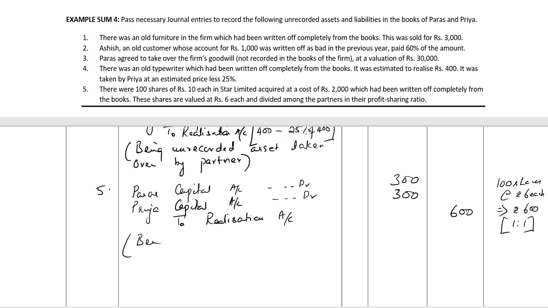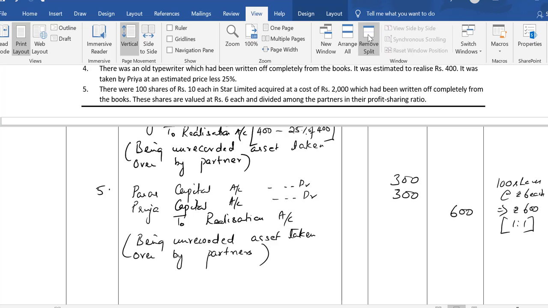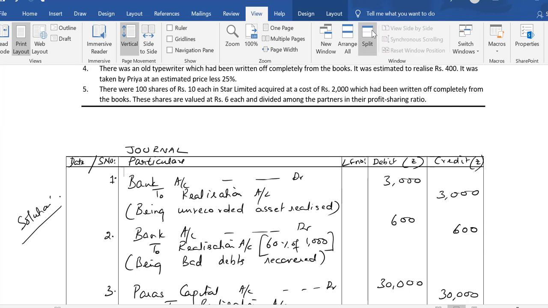Narration: being unrecorded asset taken over by partners. So we are done with the entries. We'll view the solution.